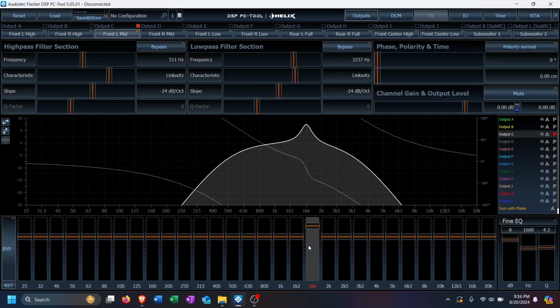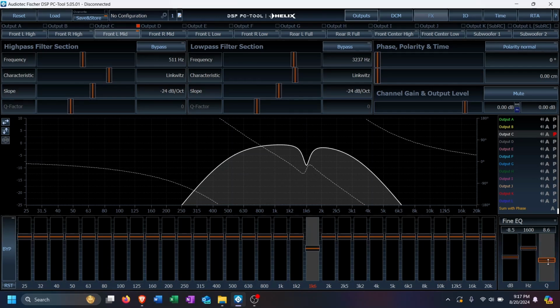So you have to be really careful when using these high Qs to make sure that you are respecting the small and limited listening area and not only correcting a local problem at a very specific point in space. Now, there are use cases for very high Qs, like taking out very specific resonances, but overall, there's a good chance that it'll cause you more problems than good.